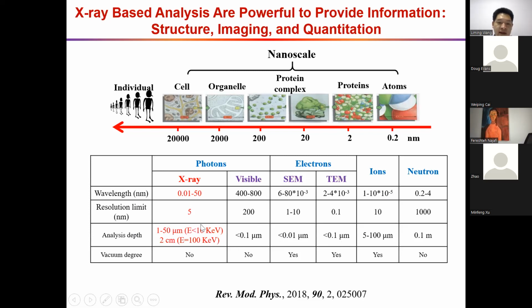So that means X-rays can be used to do 3D imaging for single cells. X-ray is powerful not only for obtaining imaging information; we can also do structure analysis for nanomaterials and molecules.